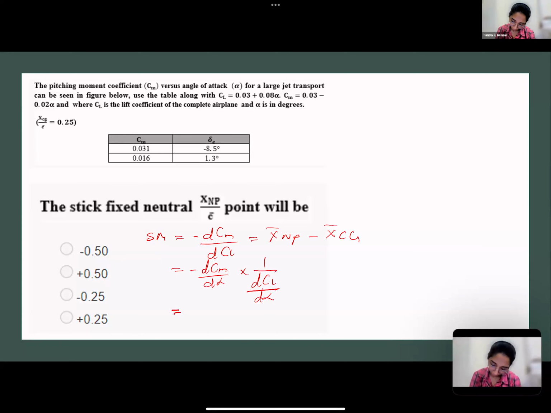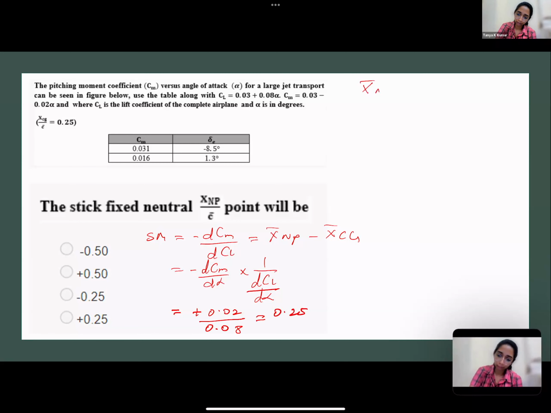Minus dCm by d alpha is plus 0.02 and dCl by d alpha is 0.08, which gives 0.25.